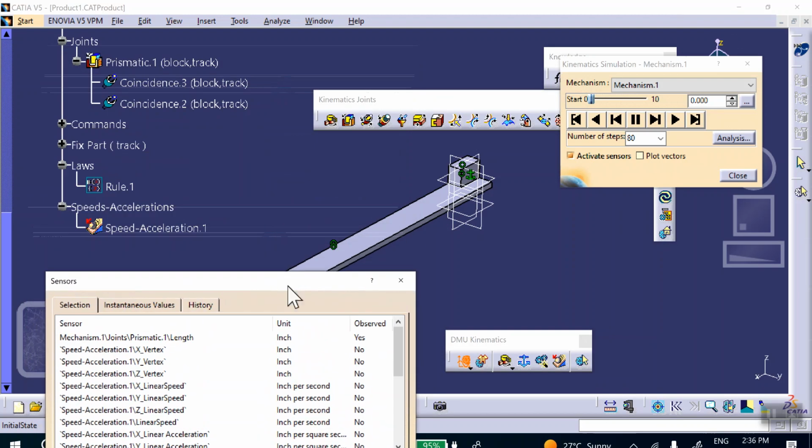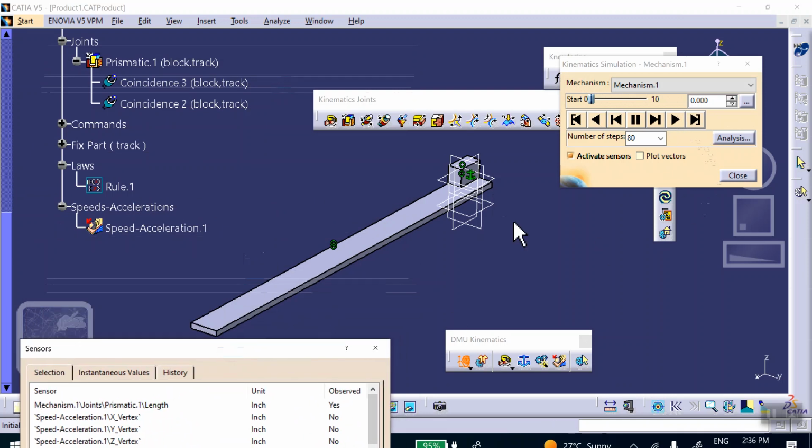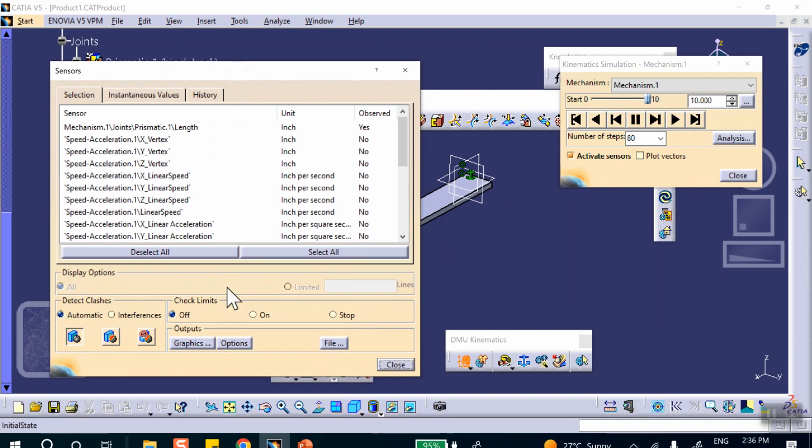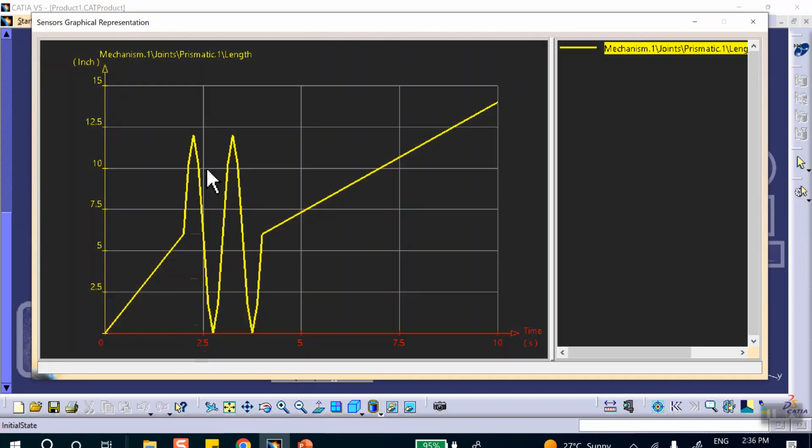So move down here. All I did was to activate the joint length command. And then we play it. Let's see, out of the way. Remember that oscillation? Comes back here. And then we go there, graph it, and there we are. So that is okay.